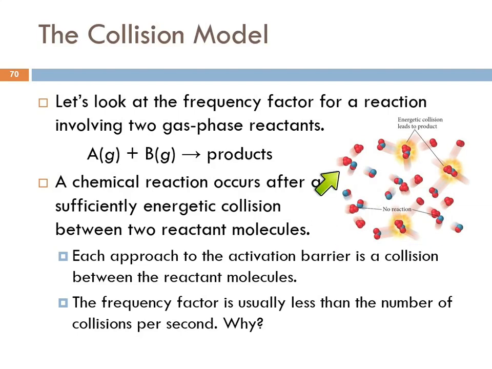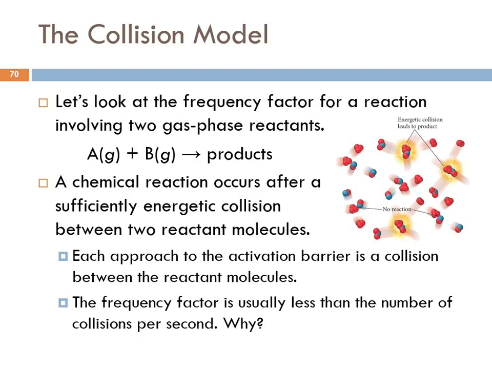And here we have a picture of these molecules colliding. Some of these collisions have enough energy to produce product, to get over that activation energy. Some of them do not, and they're just bumping into each other and going on their way and not actually reacting. We get the chemical reaction after we get a sufficiently energetic collision.